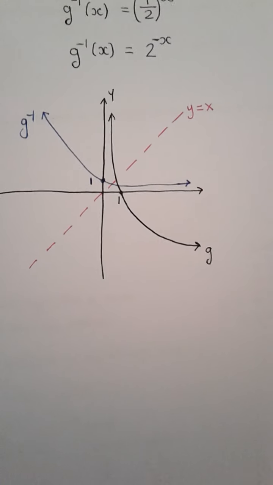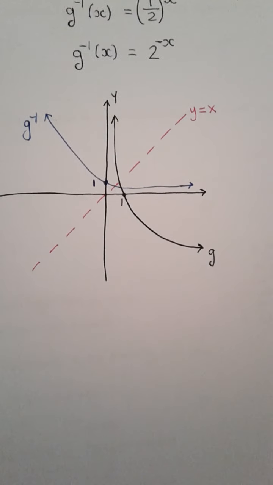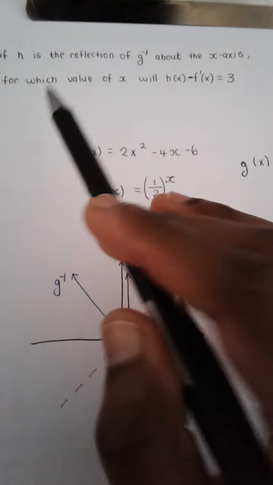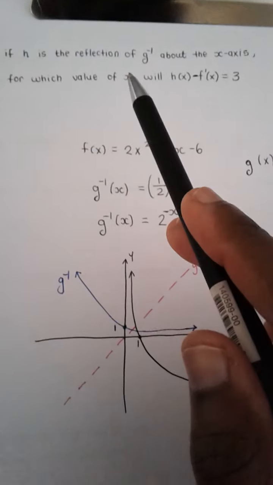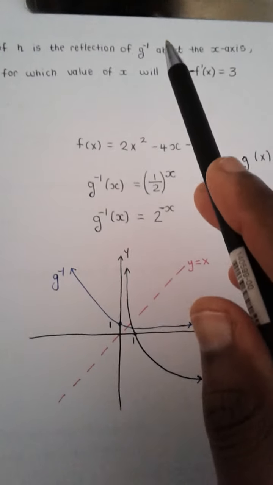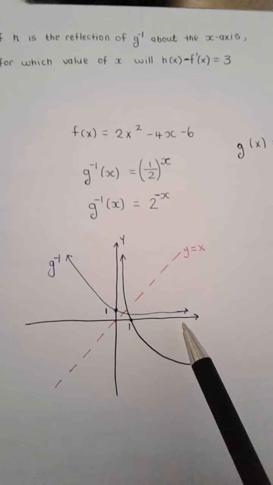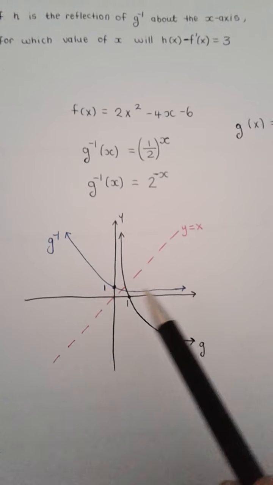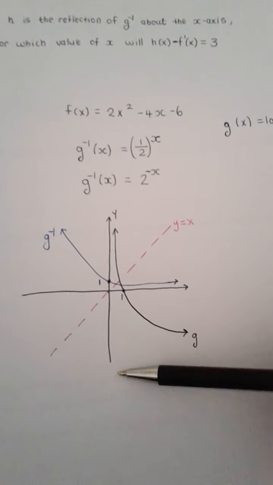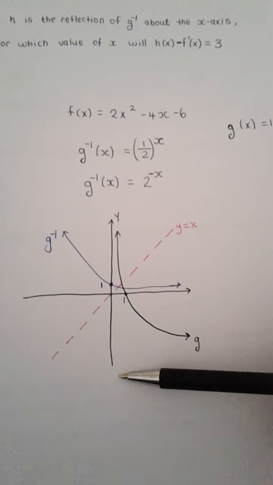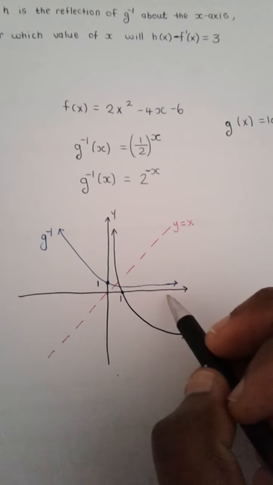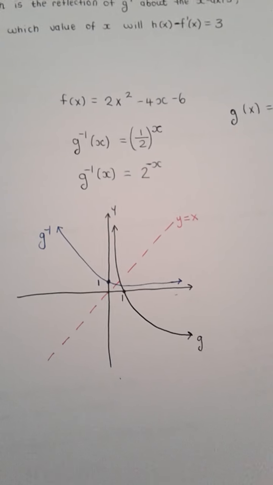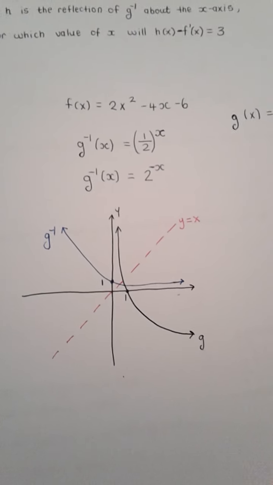So now what they're saying is that they are making a graph H by reflecting the graph of G inverse, so by reflecting this blue graph about the x-axis. So we're going to take this blue graph, and the only thing we're going to do is flip it over the x-axis like that. When we do that, we'll have something like this. Let me find another pen.